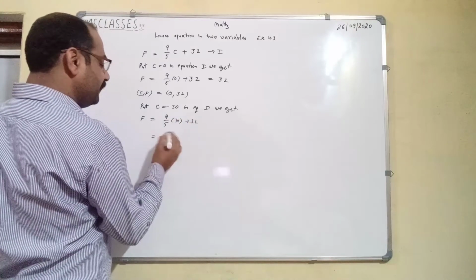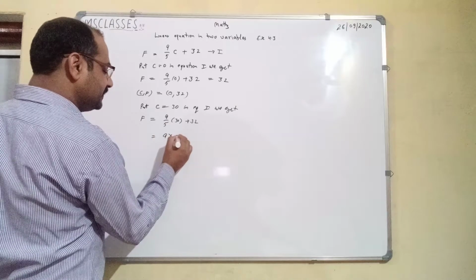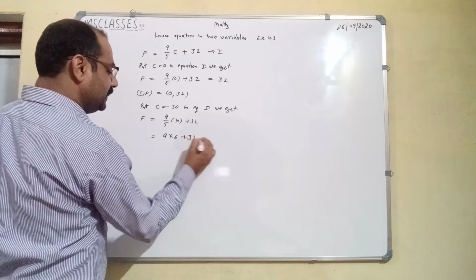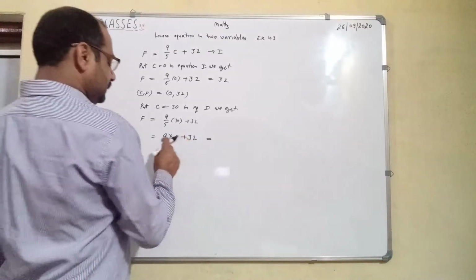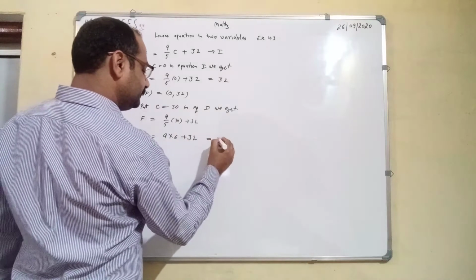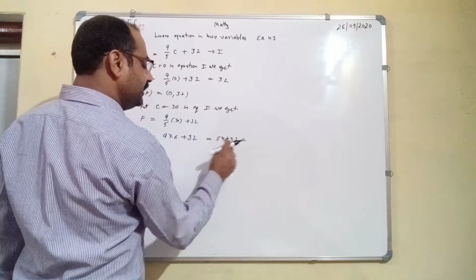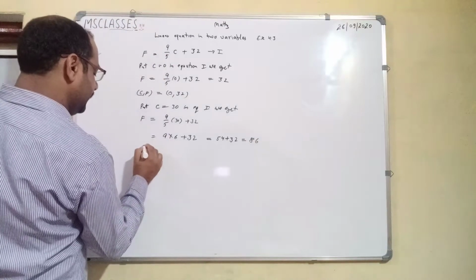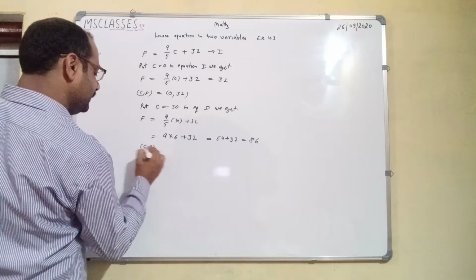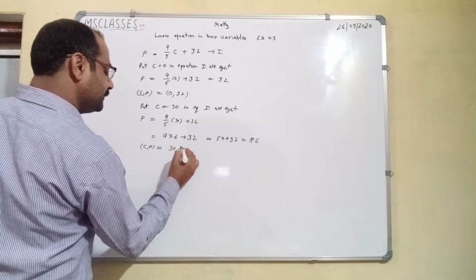When we divide 30 by 5, we get 6, since 6 fives are 30. Then 9 sixes are 54. 54 plus 32 is equal to 86. So your second coordinate (C, F) is equal to (30, 86).